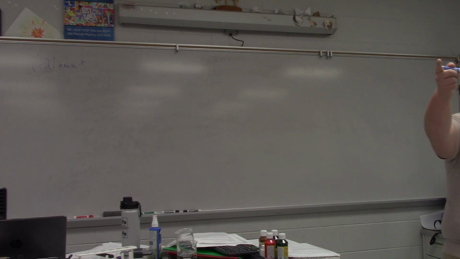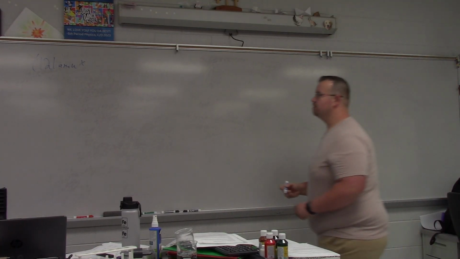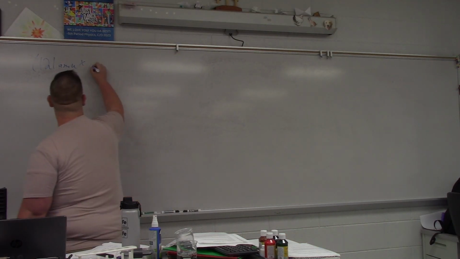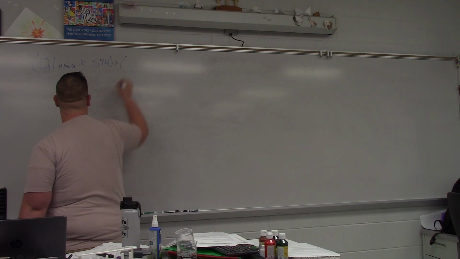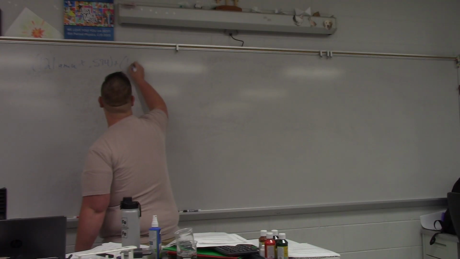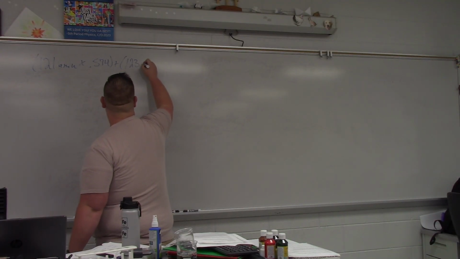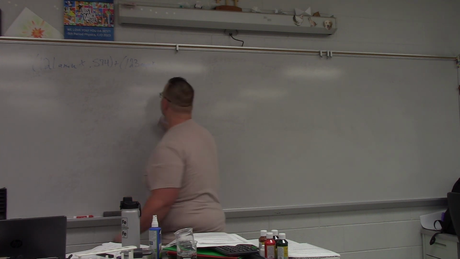So we have one that is 121 atomic mass units, multiplying that by the decimal of the percentage. If you look on the graph, we have 57.4%. So we'll multiply this by 0.574. And we'll add with that our second isotope, which is 123 atomic mass units, and we'll multiply that by 0.426.